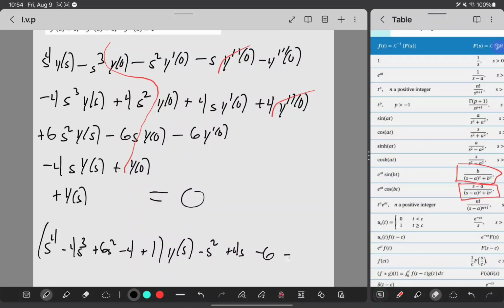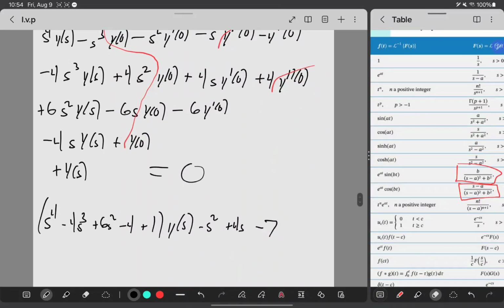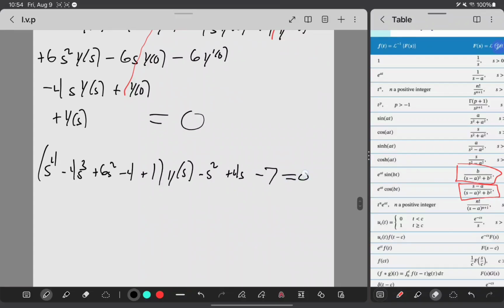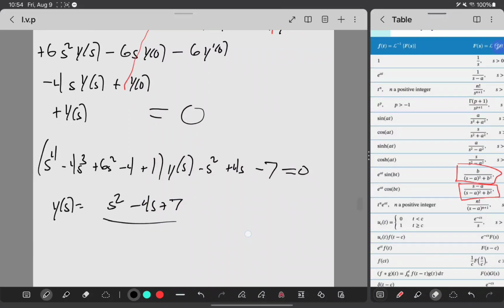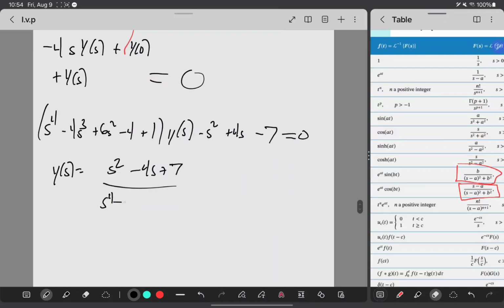So that's minus 7, right? Okay. Is this correct? I think so. Yes, it is. It's equal to 0. Y of s is equal to s squared minus 4s plus 7 over s to the 4th minus 4s cubed plus 6s squared minus 3.